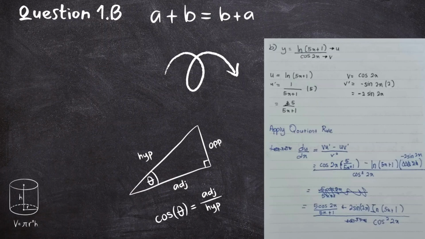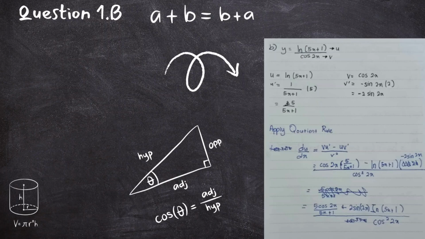And then we apply the product rule and quotient rule, which results in cos 2x multiplied by 5 over 5x plus 1 minus ln of 5x plus 1 multiplied by negative 2 sine 2x.